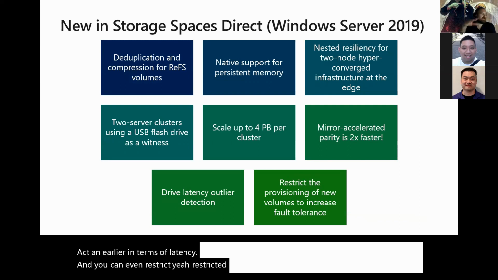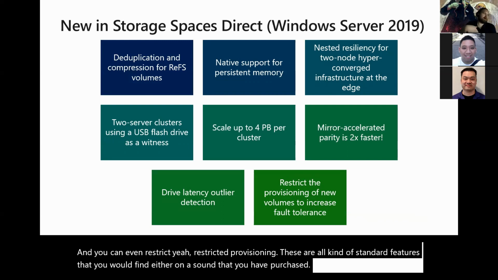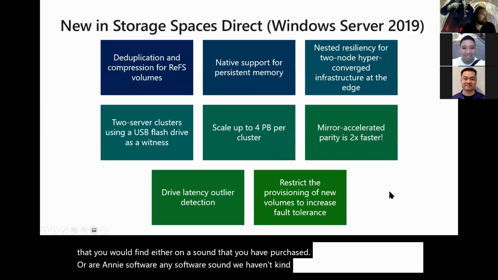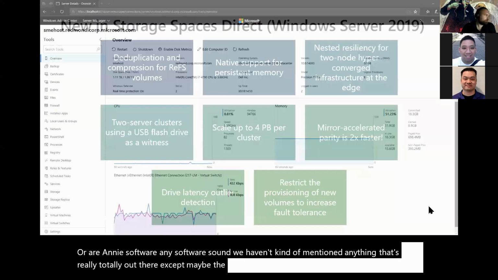These are all standard features that you would find either on a SAN that you would purchase or on any software SAN. We haven't mentioned anything that's totally out there, except maybe the native support for persistent memory.